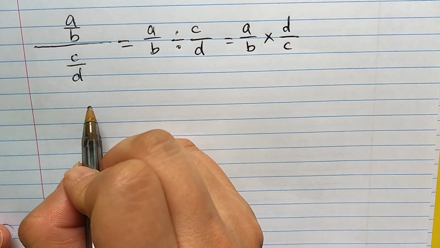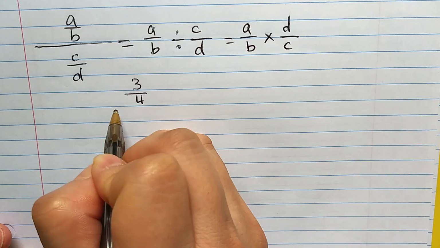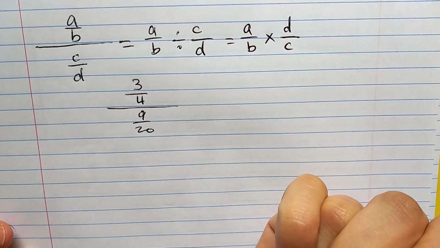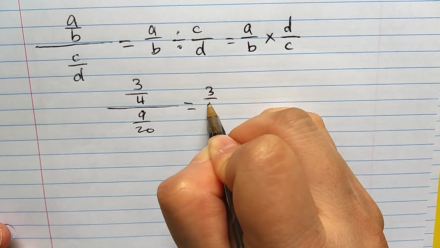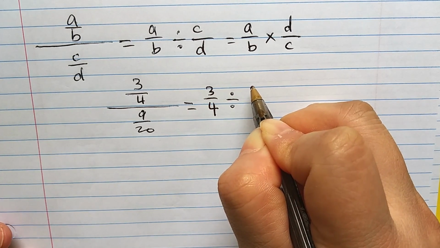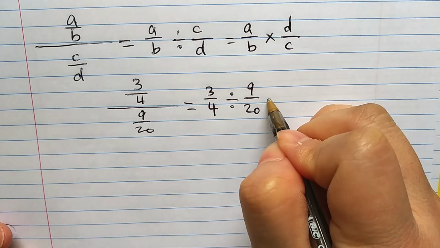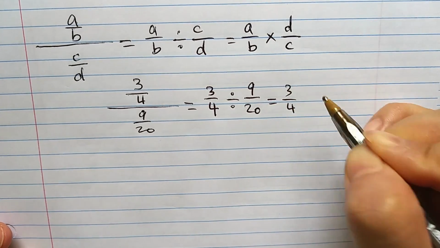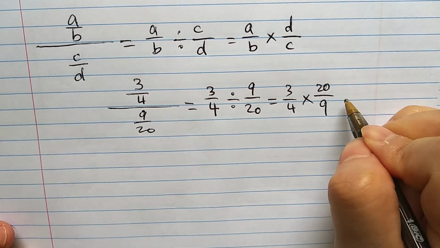Let's do an example. Let's say 3 over 4 over 9 over 20 is equal to 3 over 4 divided by 9 over 20, which is equal to 3 over 4 times, flip that number, 20 over 9.